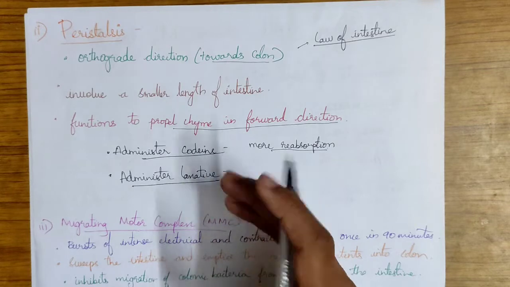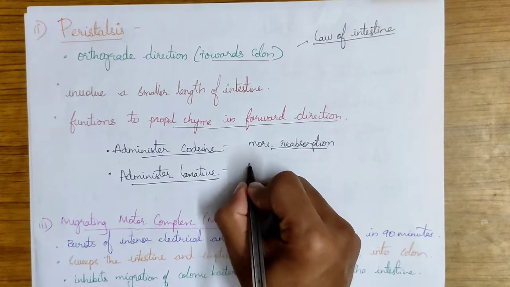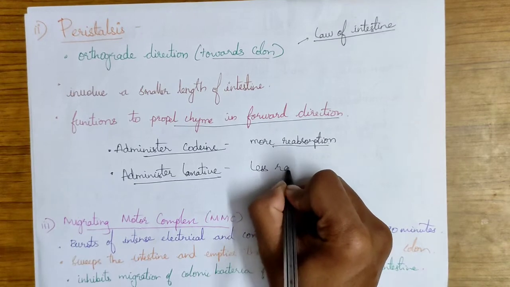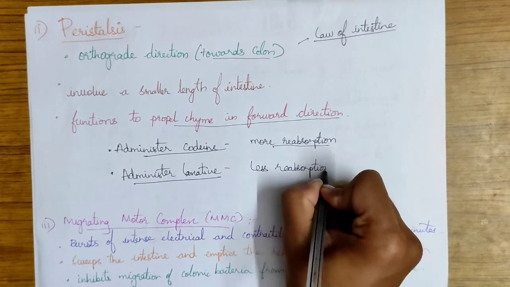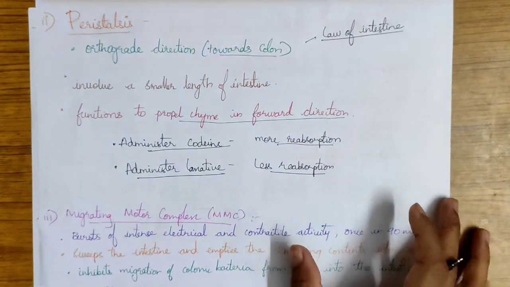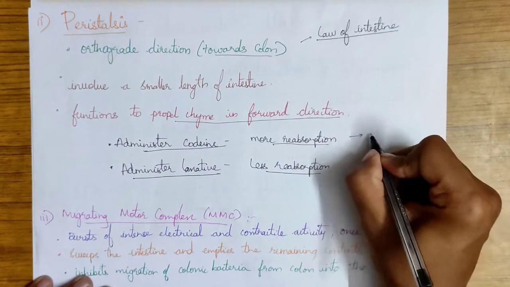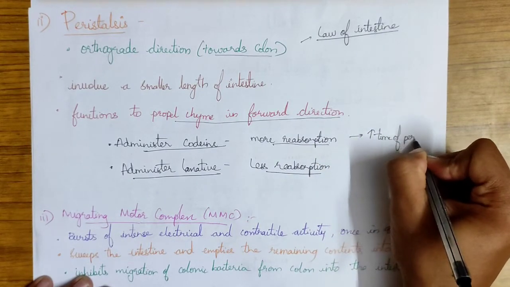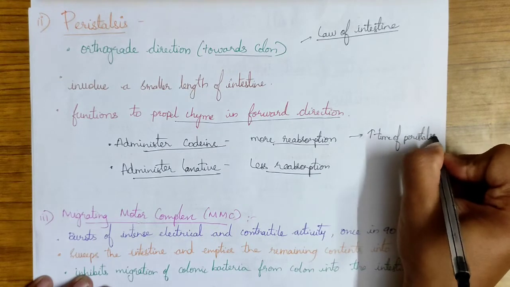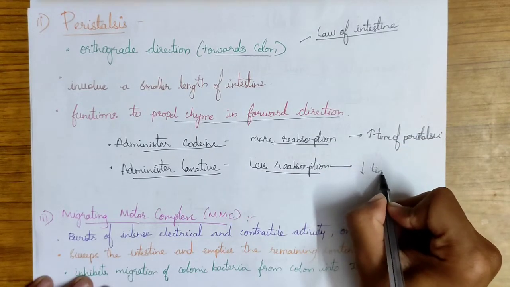So there will be very fast propagation of the chyme in the forward direction and less reabsorption happens. And so there will be watery stools, such as in diarrhea. So in the administration of codeine, more reabsorption due to increased time of peristalsis. And in the laxative administration, there will be decreased time of peristalsis.